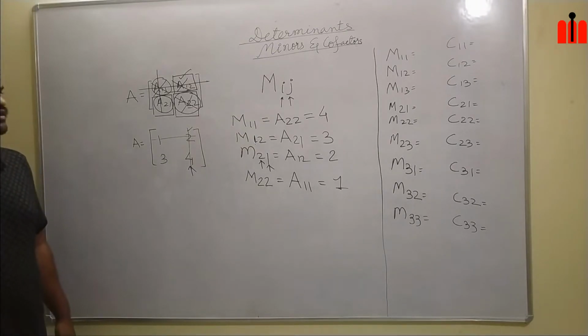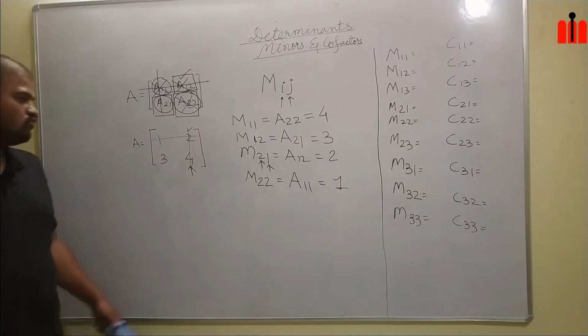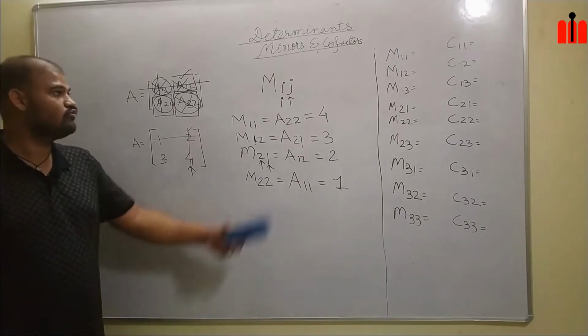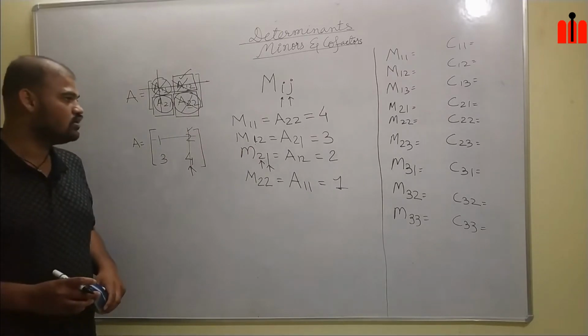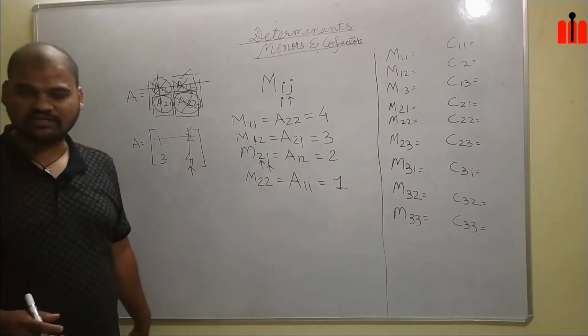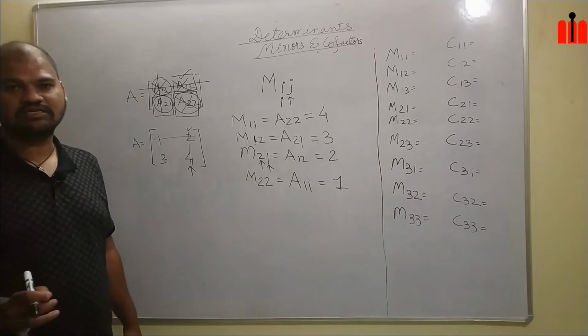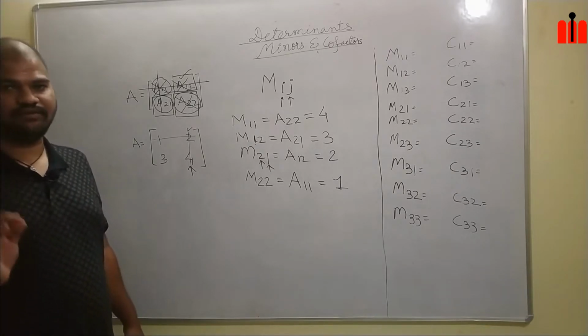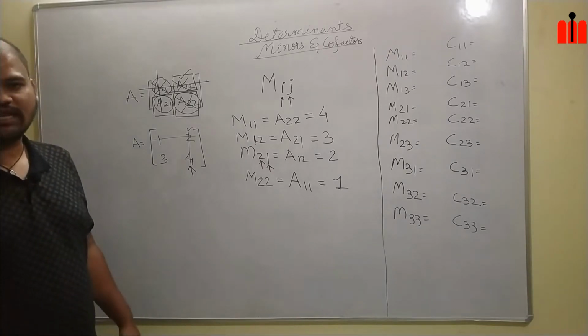Okay, right. Now once we found the minor, how to find the cofactors? Cofactors and minors, the difference is with the negation sign. Now how to put this negation sign?